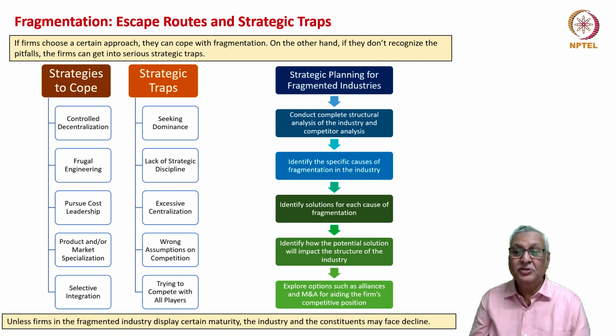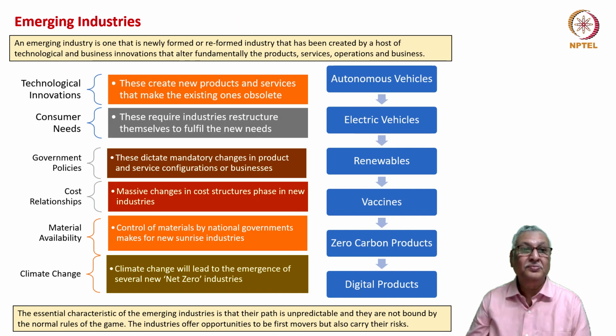Identify how the potential solution will impact the structure of the industry for the better or for the worse. Explore options such as acquisitions or M&A for aiding the firm's competitive position. Unless firms in the fragmented industry display certain maturity, the industry and the constituents may face decline.